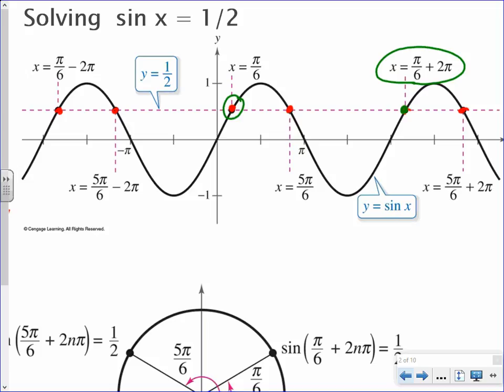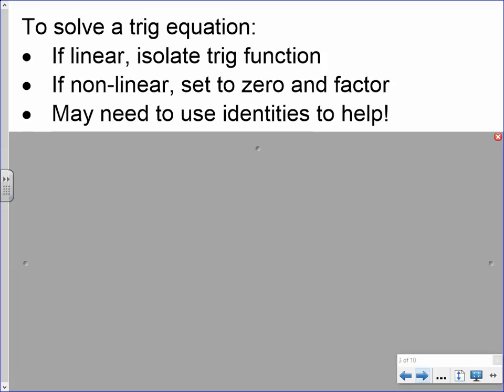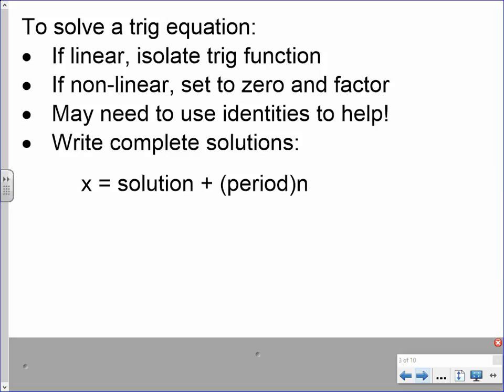So what we're going to do to describe that is write our solution, the angle that satisfies the equation, and then add the period times n to describe the infinite number of solutions that will come in every period of the graph, or every rotation around the unit circle.